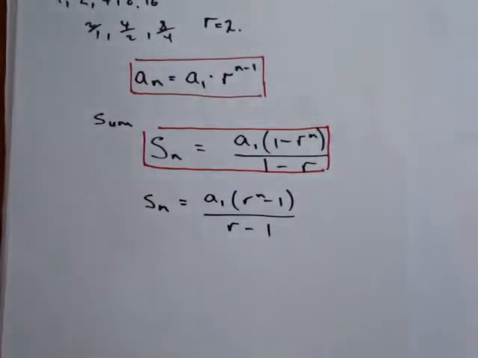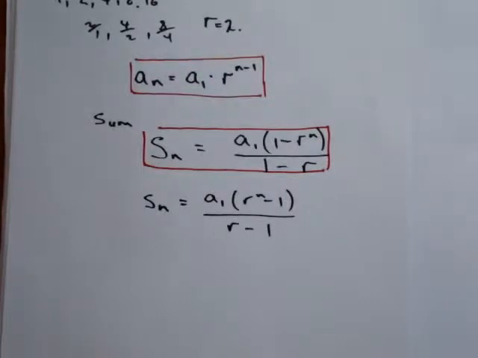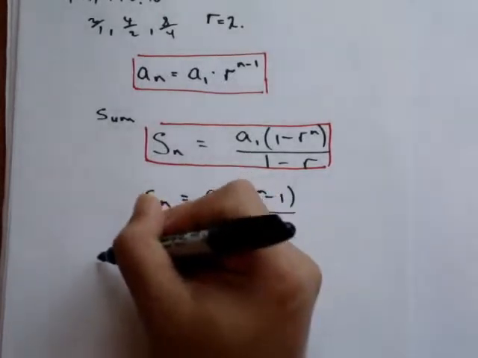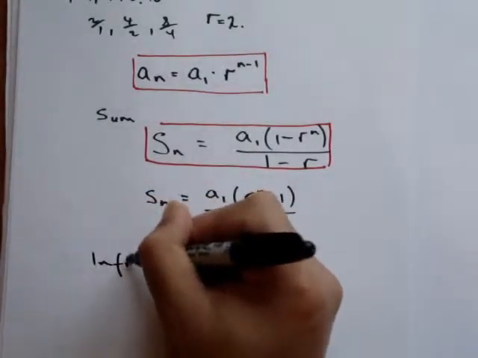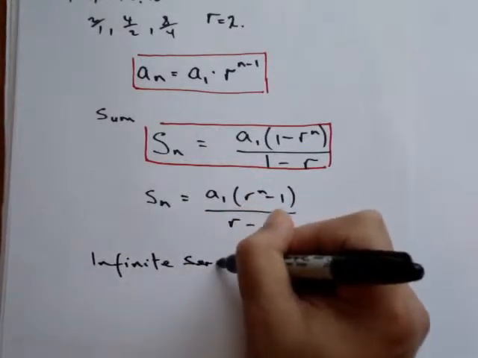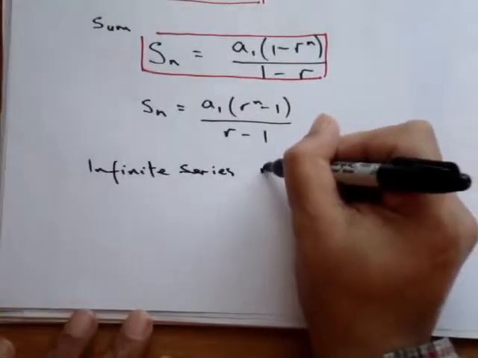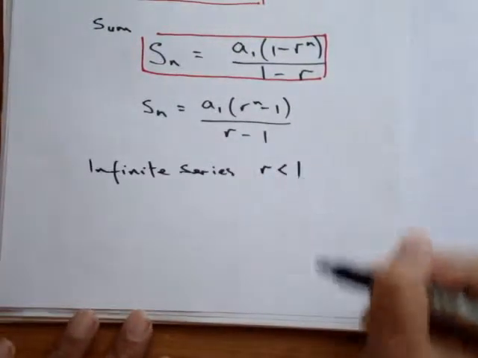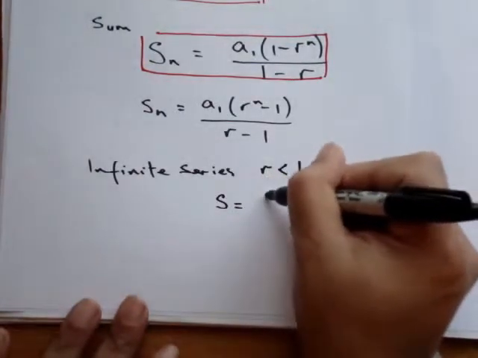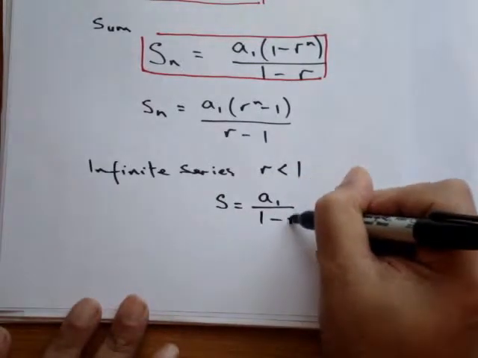These two are the same, depending on what kind of geometric sequence we're dealing with. With an infinite series, which is |r| less than 1, S equals a sub 1, which is the first term, over 1 minus r.